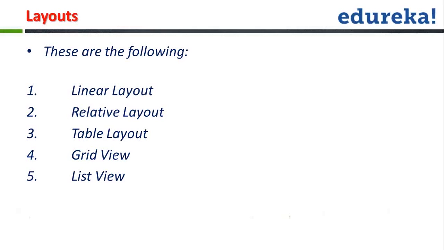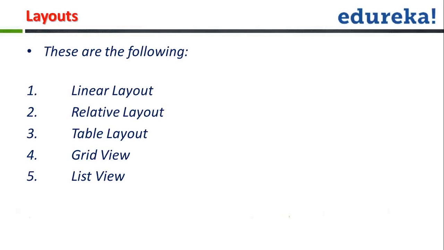But tomorrow if I am developing an application and a demand comes that you have to create two text fields, one on the left side and another on the right side, and in the center, below them, I want the button. These requirements can be fulfilled using the relative layout, where the views are related to each other.